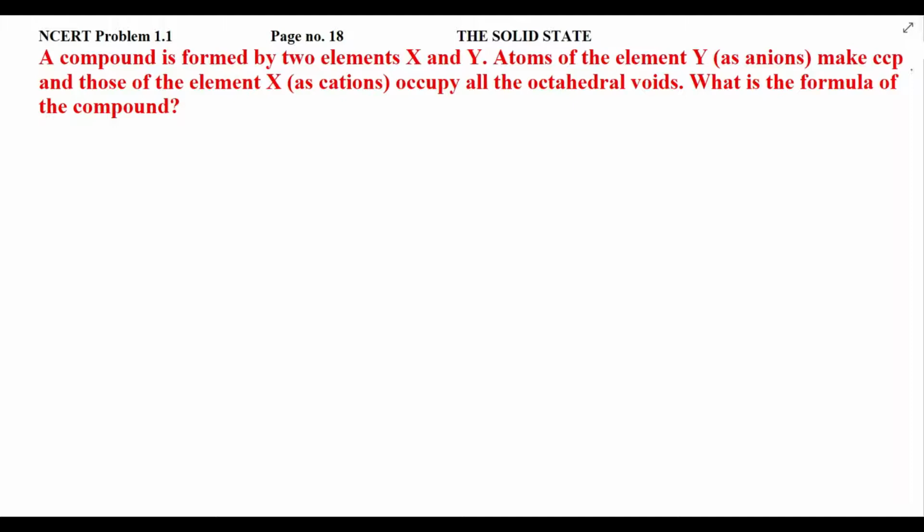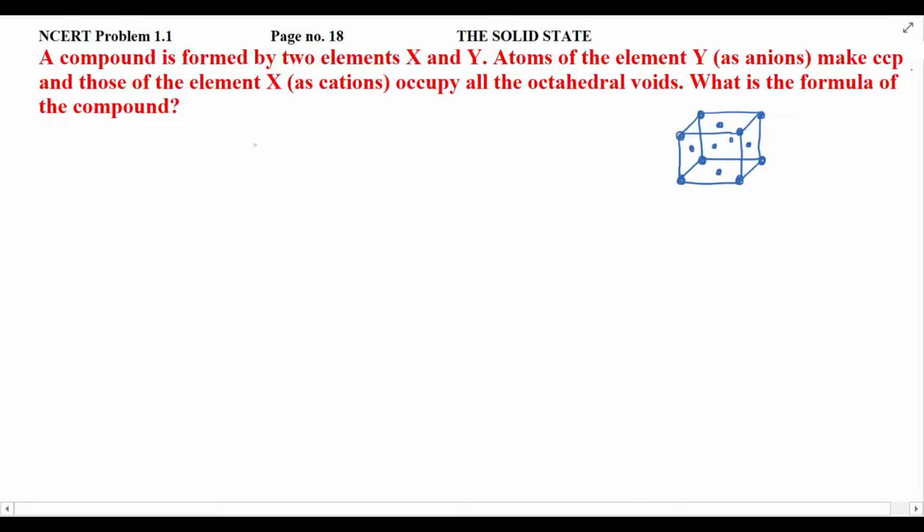That means if I'll draw a unit cell, CCP structure means the element Y's atoms occupy corners of this unit cell as well as the faces of the unit cell, right? Now the atoms of element X occupy all the octahedral voids. Okay, you have to tell the formula of the compound, right?